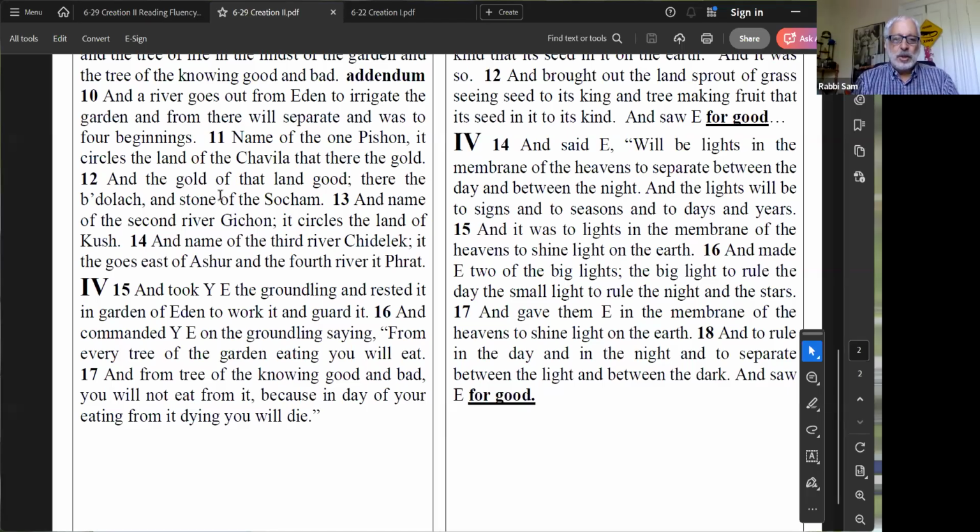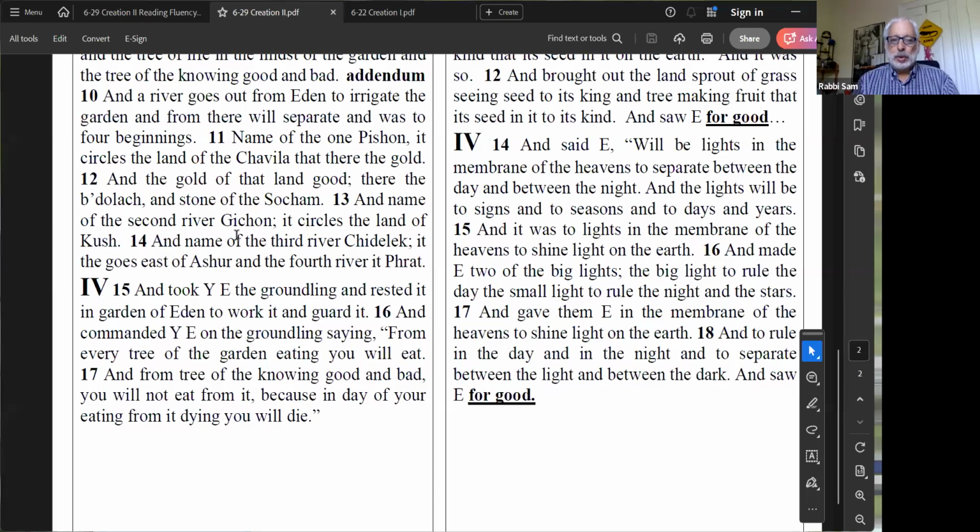And the second river that goes out is called the Gihon. The Gihon is the one that goes around the land of Cush. Cush, modern scholars think, was probably the area we now think of as Ethiopia.